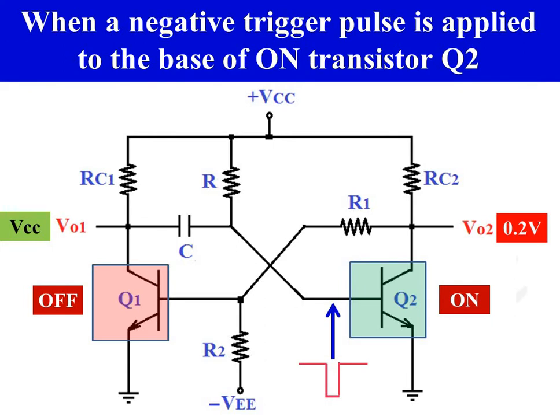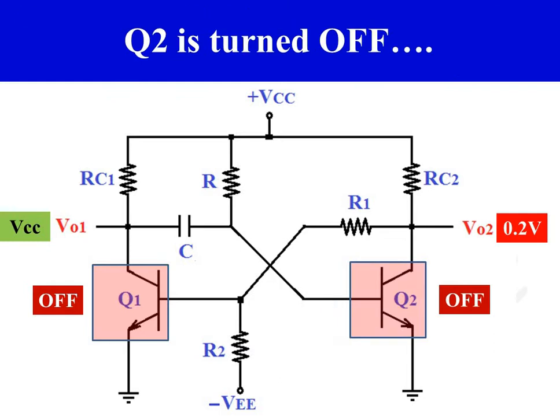When a negative trigger pulse is applied to the base of on transistor Q2, when base of on transistor Q2 is pulled down for a very small duration, transistor Q2's base emitter junction is reverse biased, so transistor Q2 is turned off.